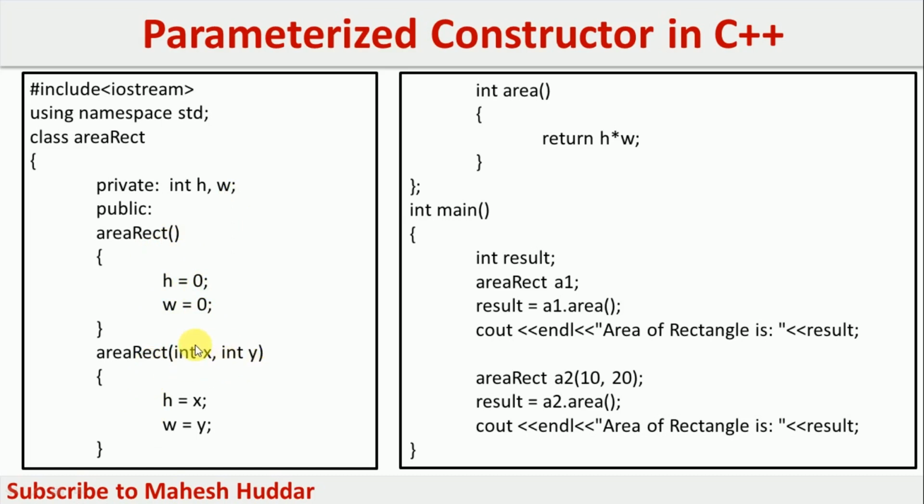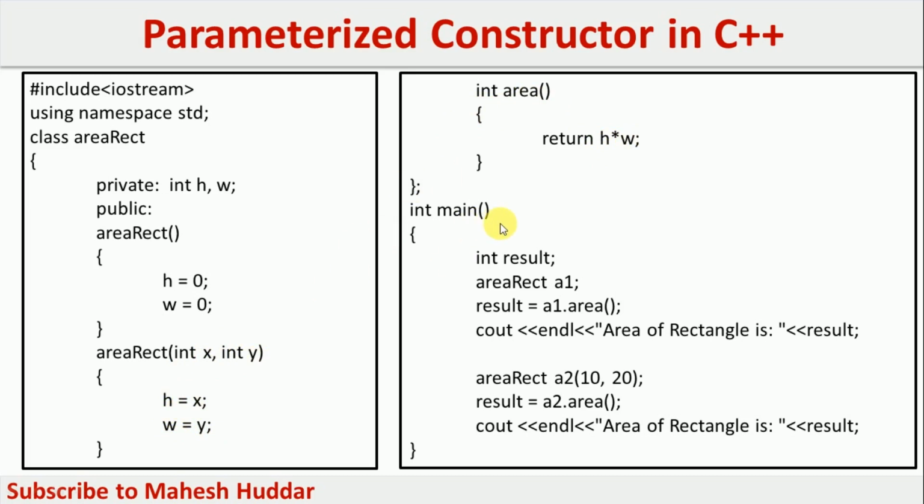Both of them are integers. So whatever parameters you pass will be stored into X and Y. The value of X will be stored into H and the value of Y will be stored into W in this case. This is the member function area, which will return the multiplication of H and W, that is nothing but the area of a rectangle here.